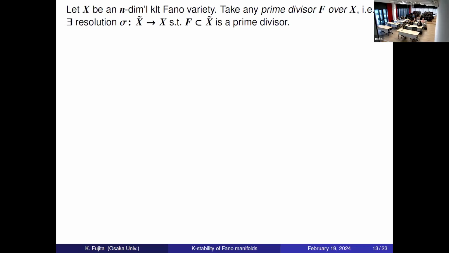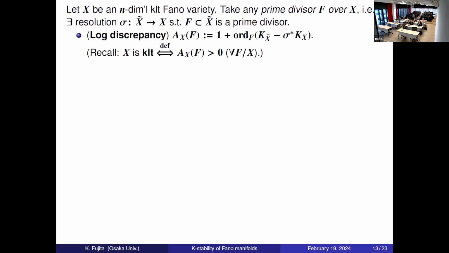In order to prepare the valuative criterion, let us consider any prime divisor F over X. For every prime divisor F over X, we introduce two invariants.